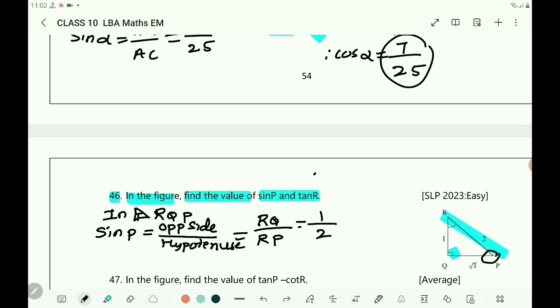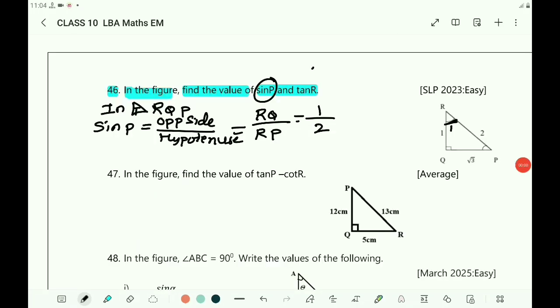Next, tan R. Tan R is equal to opposite side by adjacent side. Then we have to find tan R. Here for angle R we have to find the tan ratio.